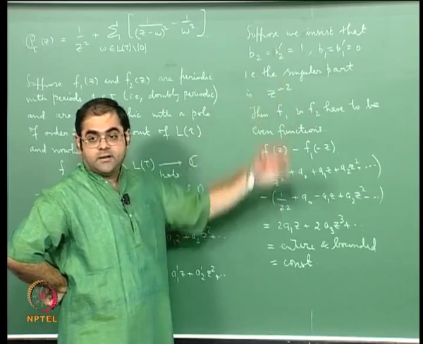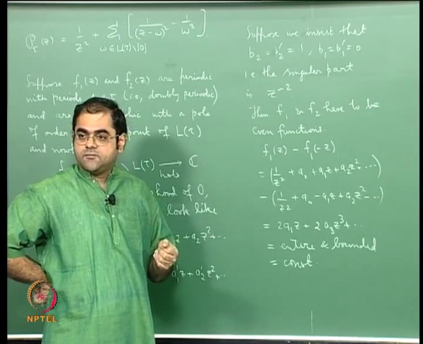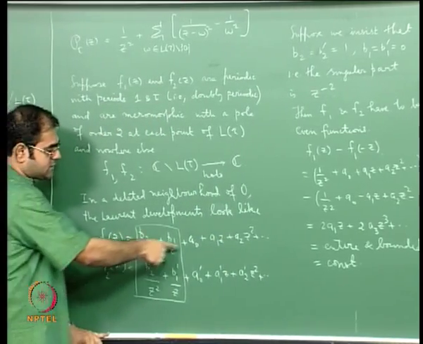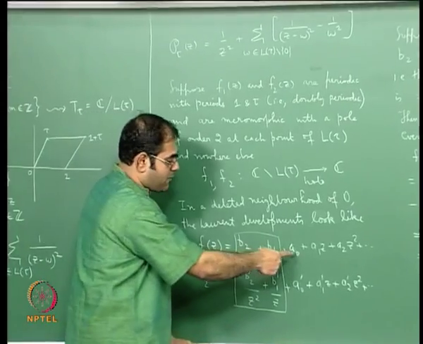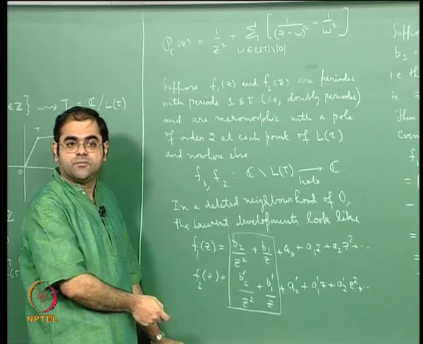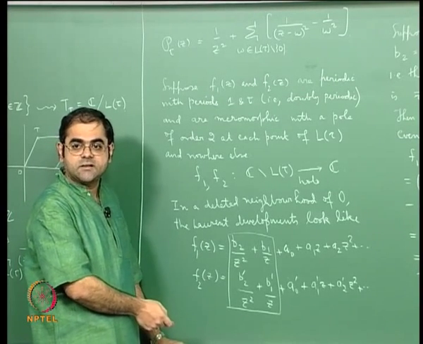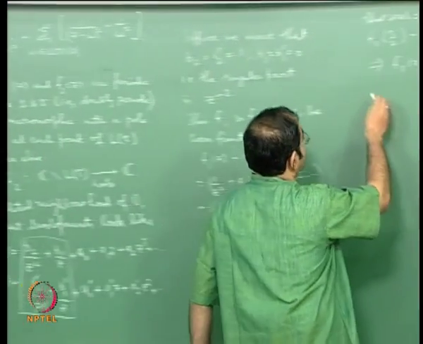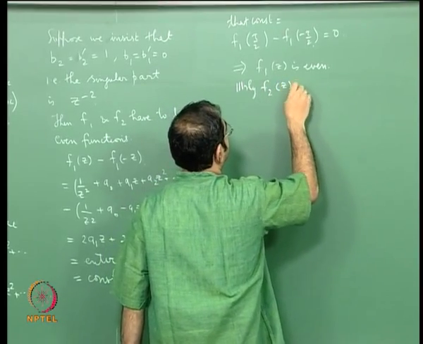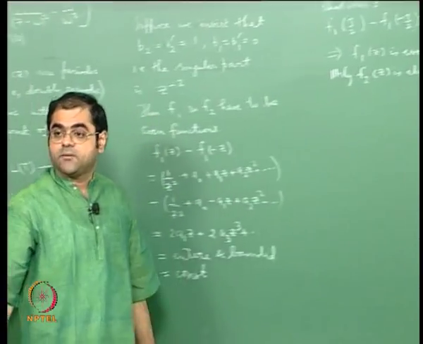So now I am going to put one more condition for the normalization, and that condition is that when you write out this Laurent expansion, I am going to insist that the constant term is 0, okay. I am going to insist, the second condition I am going to put is that the constant term is 0. Similarly f2 of z is also even for the same reasons, okay.